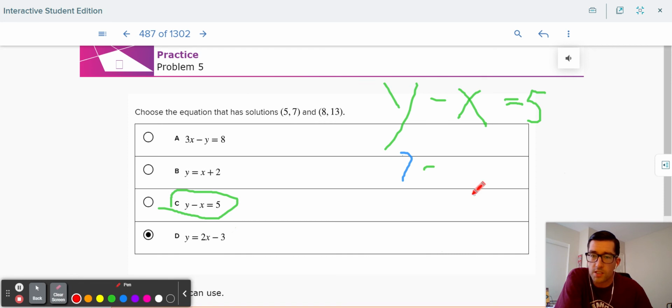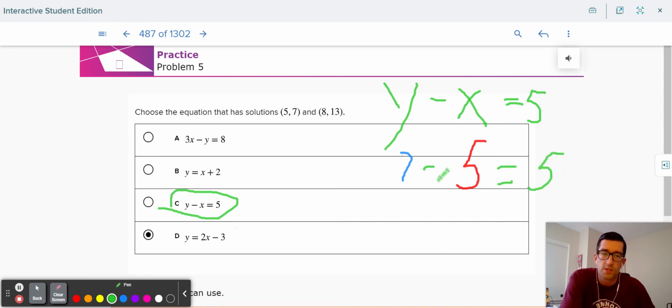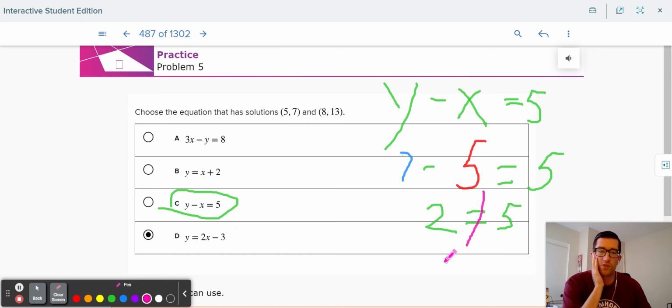I'll replace the x value with 5, like I did before, and that equals 5 there. So 7 minus 5, that's going to be 2. So now I finish with this statement, 2 equals 5, but that is not true. This is incorrect. This is not equal. 2 and 5 are different values. Those are not equal. This statement is false, which means this one is not a solution to letter C.